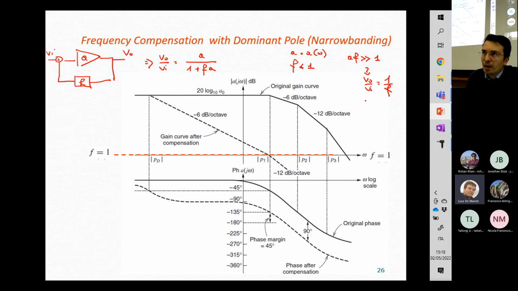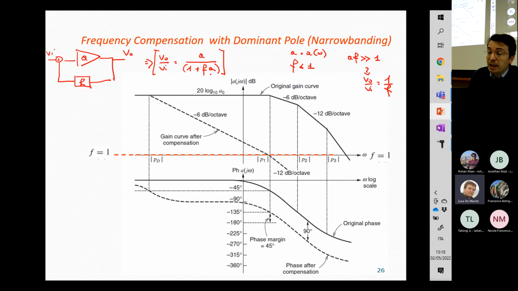When we are analyzing the stability of this expression here, we should solve this equation and find the roots, the poles of the denominator. The poles must be with real part negative in order to have stability.